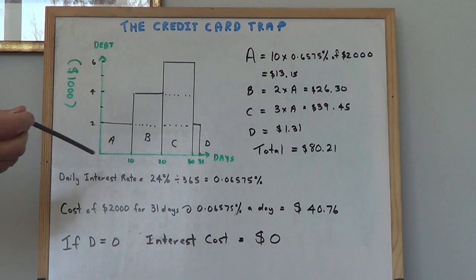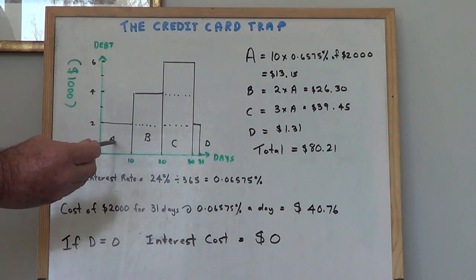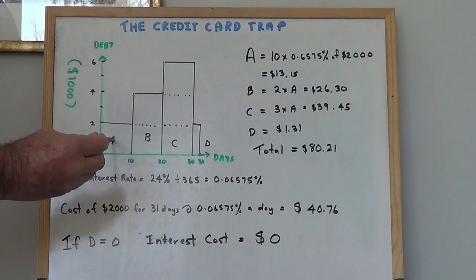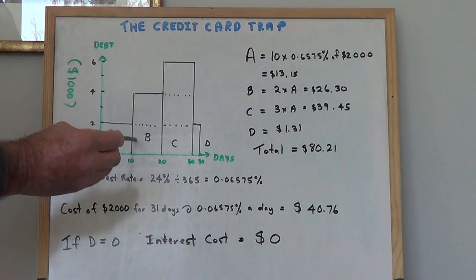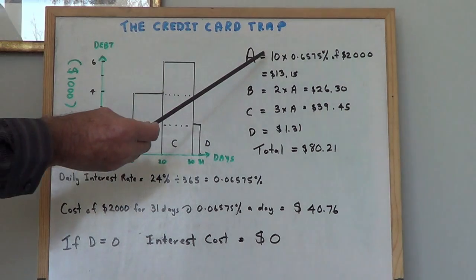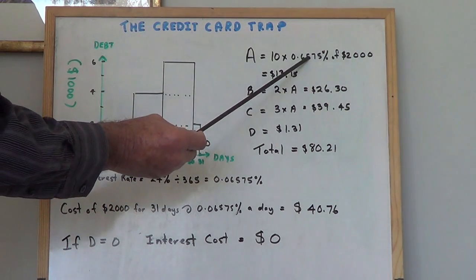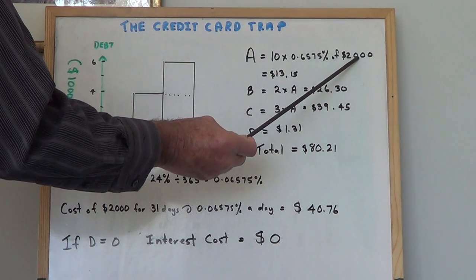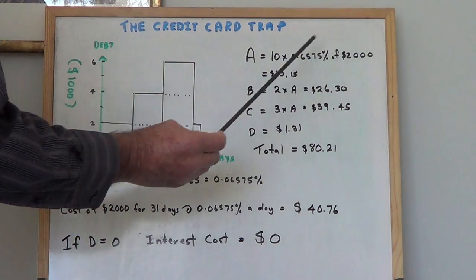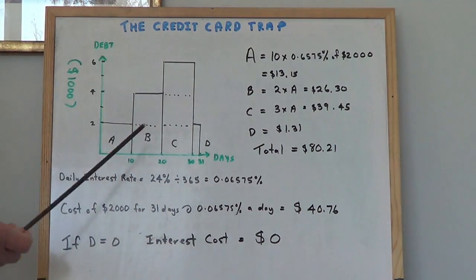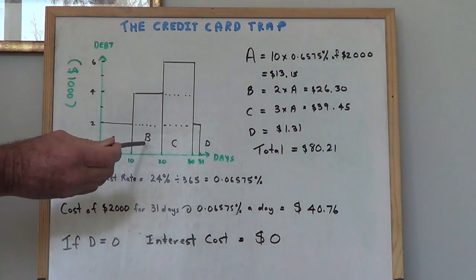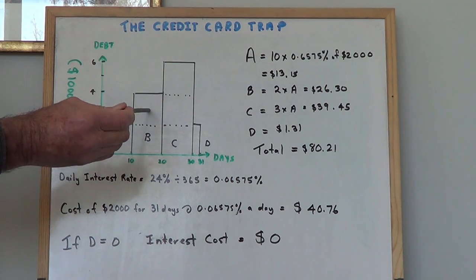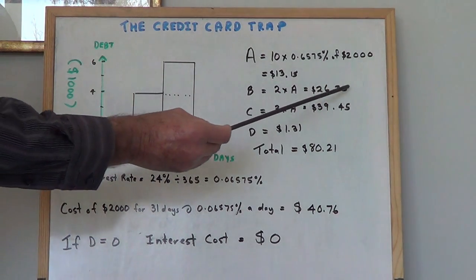Here you've got to find the interest on this section, this block here, A. A is 10 days at that interest rate for $2,000, and that works out to be $13.15. Now B is twice as much as A, so that'll be $26.30.